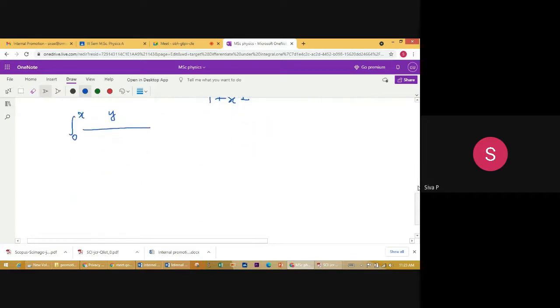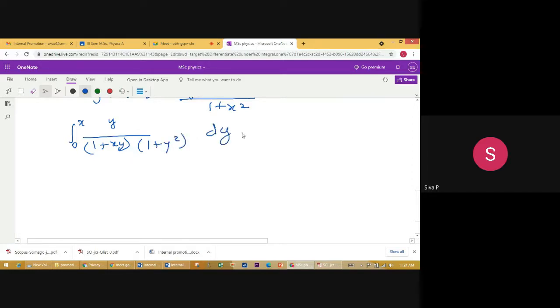When you are differentiating that, you will get y divided by 1 plus xy into 1 plus y square dy, plus log 1 plus x square by 1 plus x square.